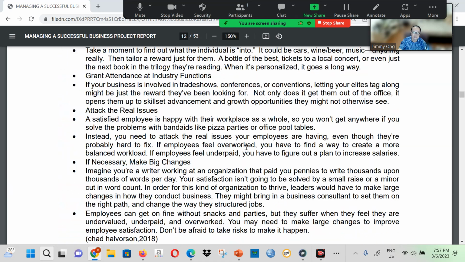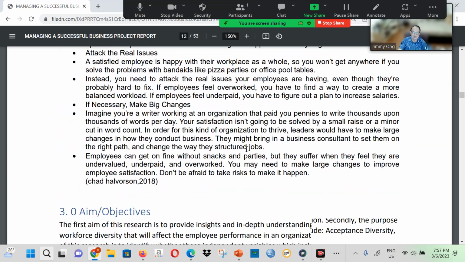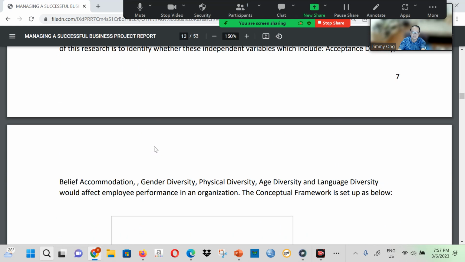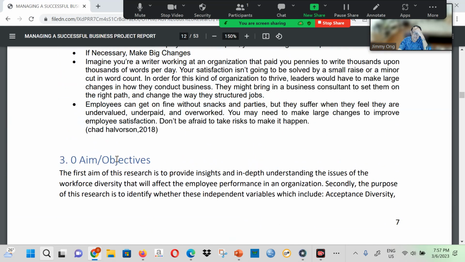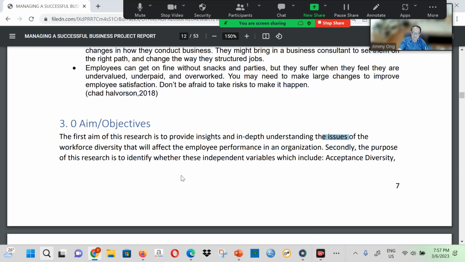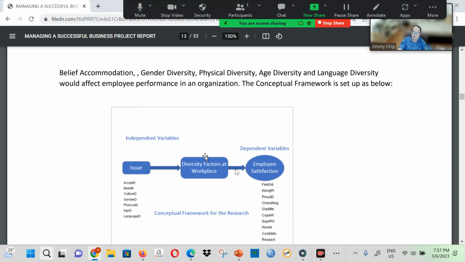And all this starts from your questionnaire and objective from here. What is your objective? Understand the issue. That is my objective. So my objective is whether this one has got impact on this or not.